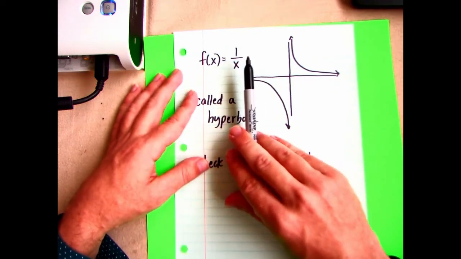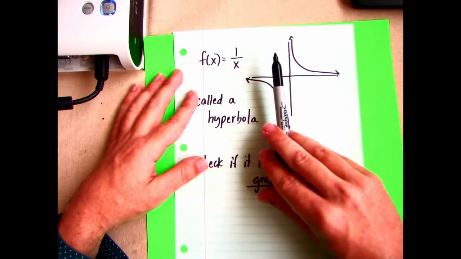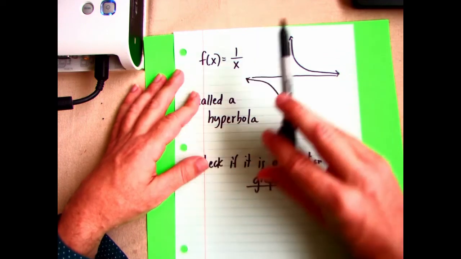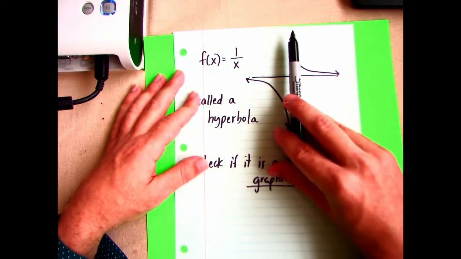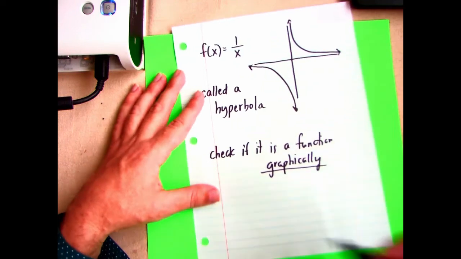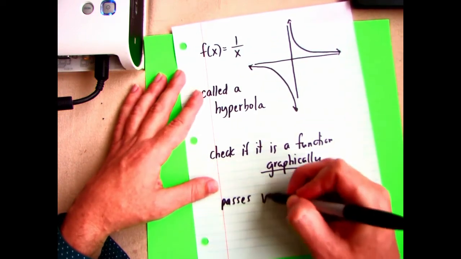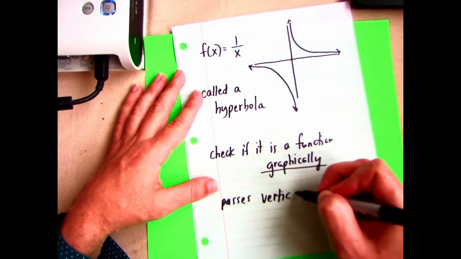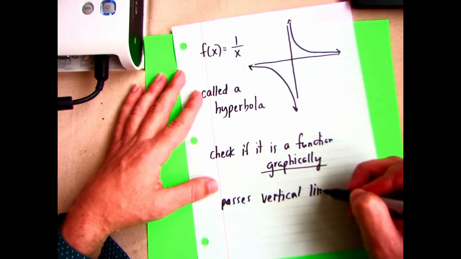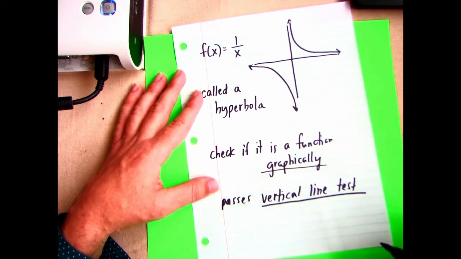Remember, we used the vertical line, our pen, our pencil, or our finger, and we traced the graph vertically. If our pencil or our pen touched the graph in only one spot, it passed the vertical line test, so it was a function. This hyperbola definitely passes the vertical line test, so it is a function.